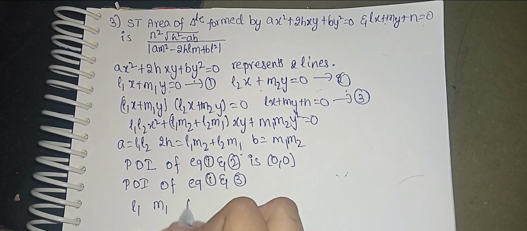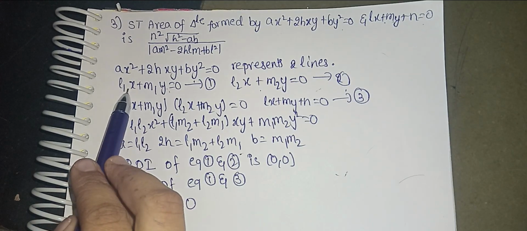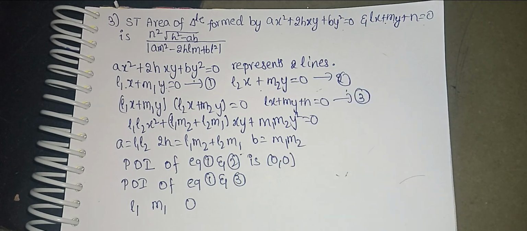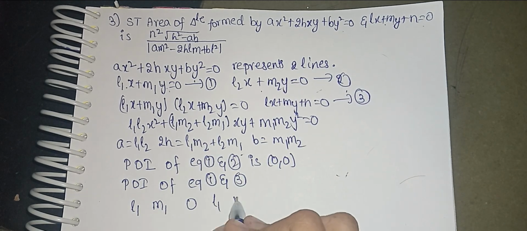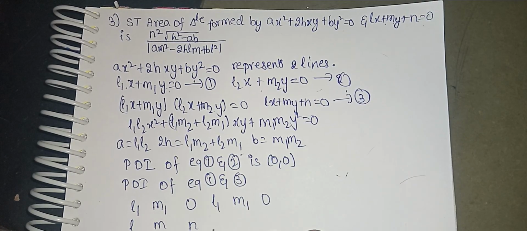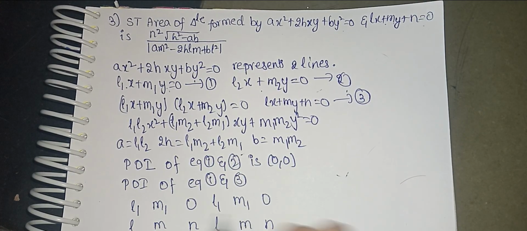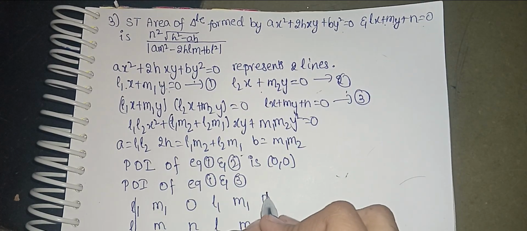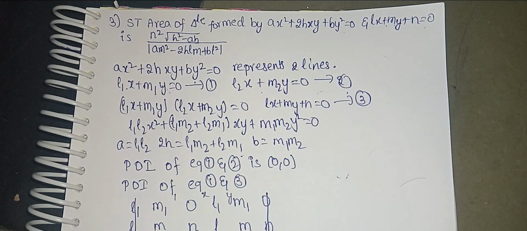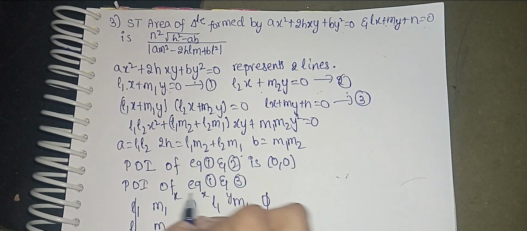L1, M1, 0, the coefficients of x, y and the constant. There is no constant, so take it as 0. Again you have to take L1, M1, 0, then L, M, N. These two we have to strike off and these two we have to strike off. Like this we have to write.